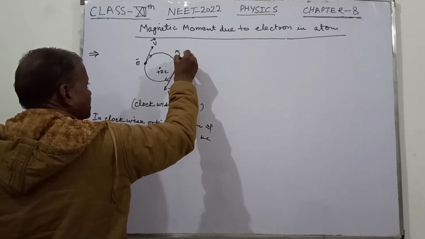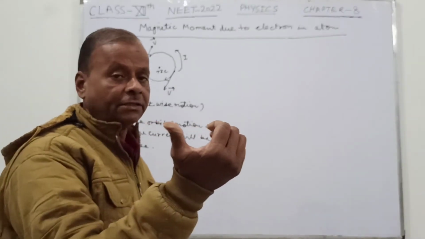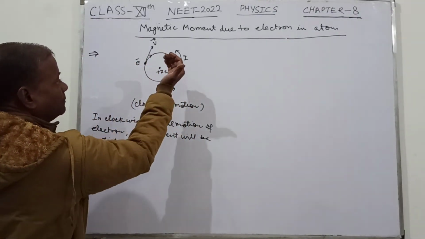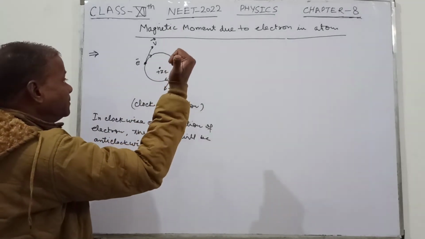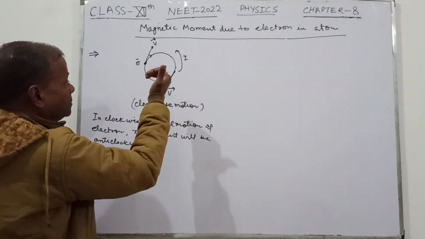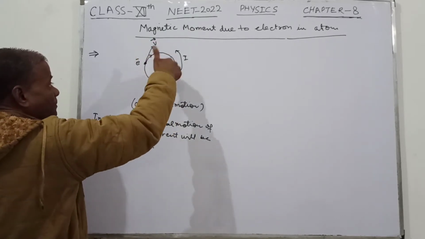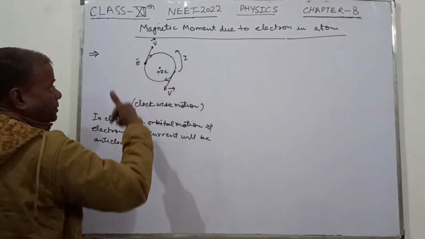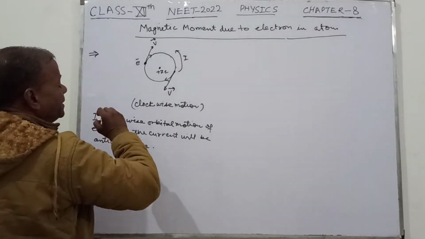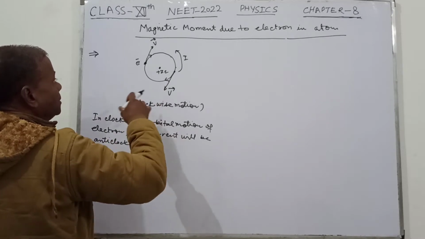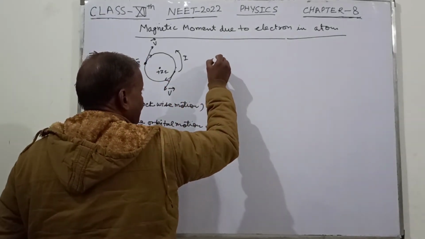This is the current I. So if I take my right hand like this, with my fingers in the direction of the current, then the thumb will be away from the plane of the board, or the plane of this orbit. So we can say that this will produce a magnetic moment which is away from this plane.